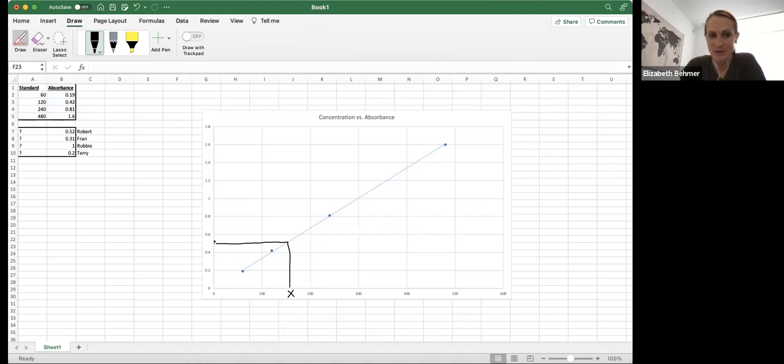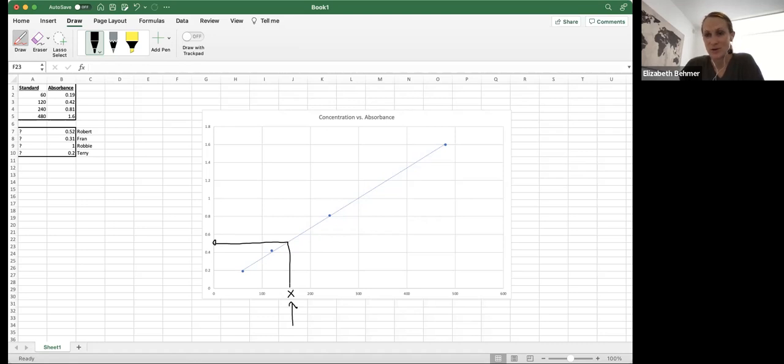So remember, they give us that absorbance level. The amount of light that Robert's sample absorbed was about 0.52. We draw a horizontal line over and a vertical line down, using the line of best fit as our guide. This value right here will be Robert's glucose concentration level.